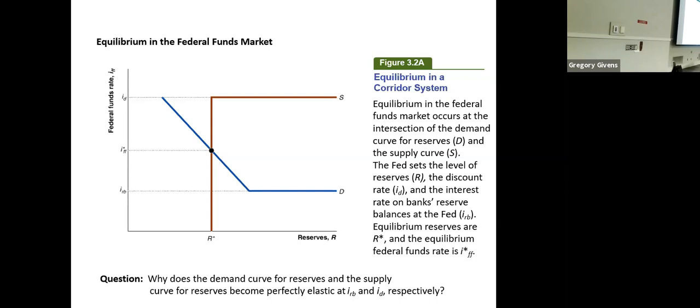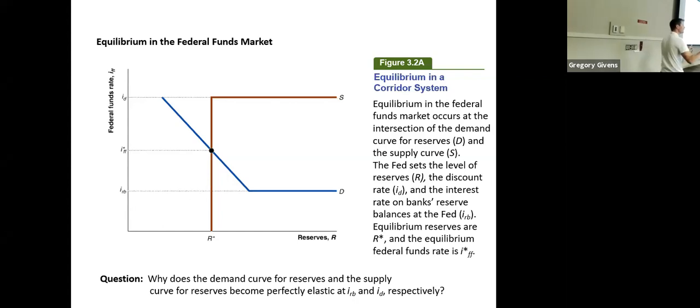Well, what would happen if all banks started to do that, borrowing a bunch from the Fed and lending in the funds market? The federal funds rate, as the supply of more lending increased, would fall until it equalized with the discount rate. So there is an arbitrage argument that one can apply that would suggest that the federal funds rate can never be higher than the discount rate.